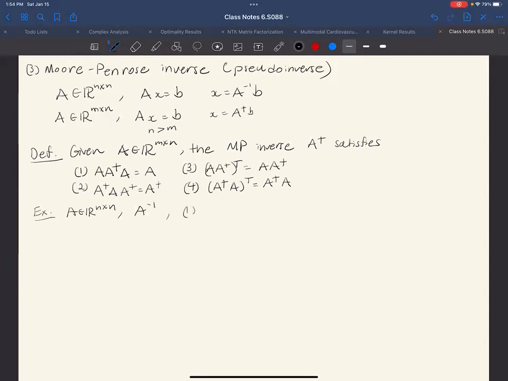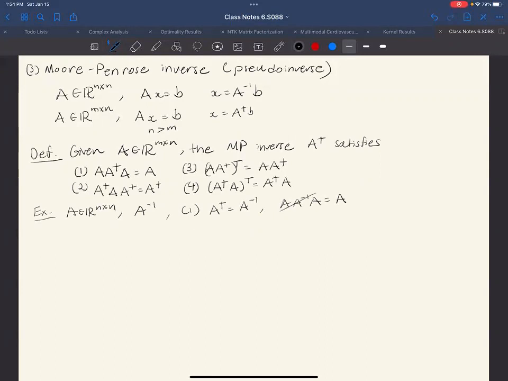And let's just check property 1. So we have A dagger is just going to be A inverse. And we have A A inverse A is of course A, since these 2 terms cancel out. And the other properties are pretty easy to check, so I'll just leave you to it.